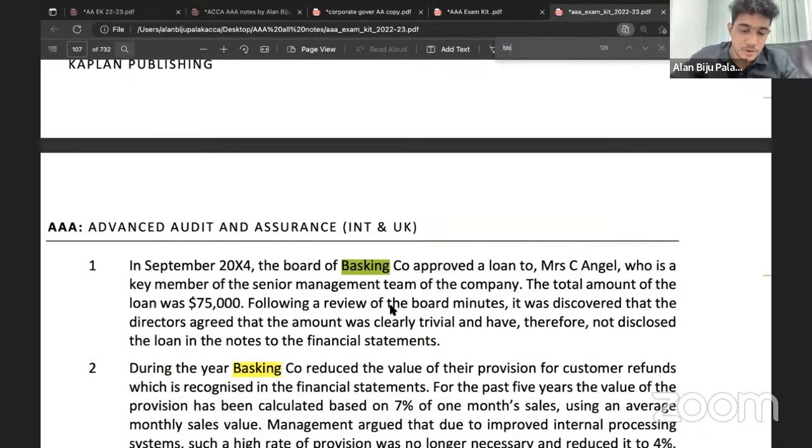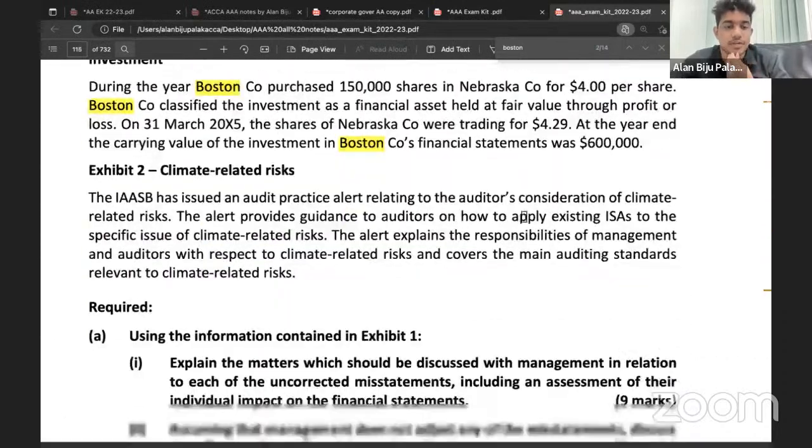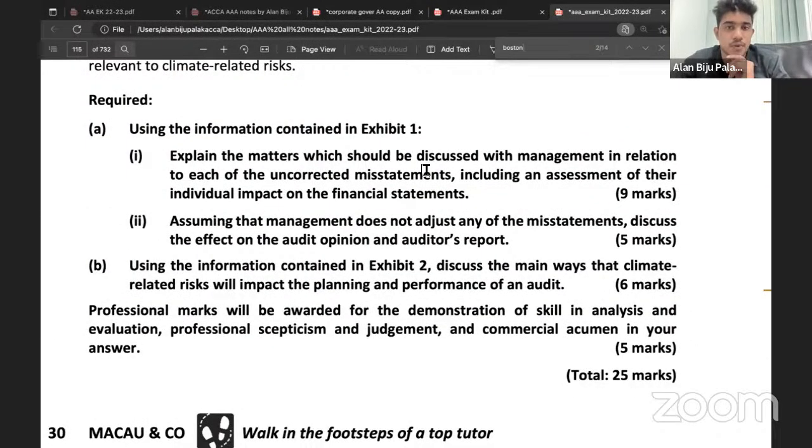Then we have another question called Boston. In Boston, requirement number one is similar. They ask us to explain the matters which should be discussed with the management in relation to uncorrected mistakes, including the assessment of their impact on financial statements. But the second requirement is a bit different.